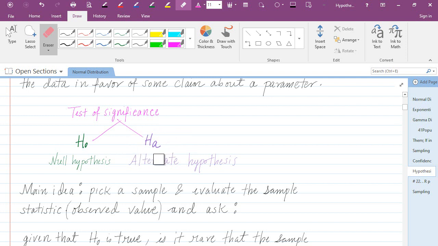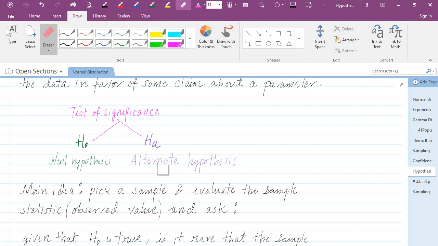This is the statement that we suspect is true instead of the null hypothesis. So the null hypothesis is the claim, and the alternative hypothesis is the statement that is suspected to be true instead of the null hypothesis.